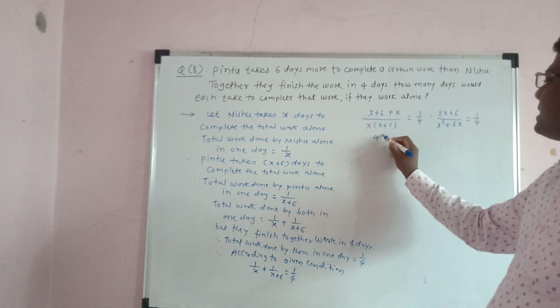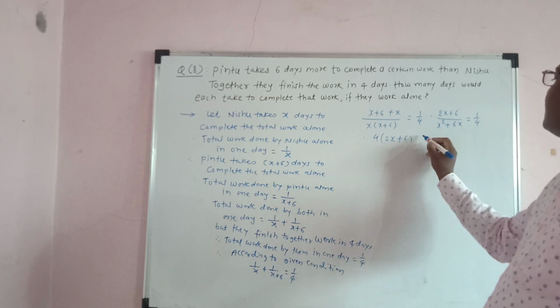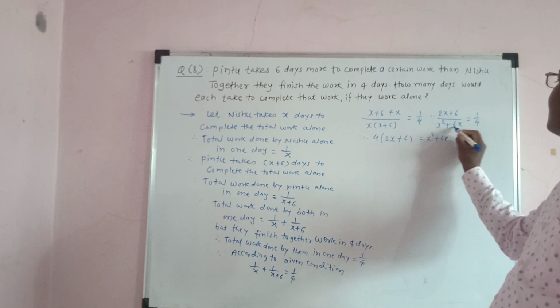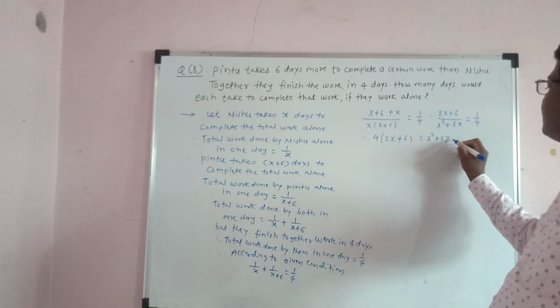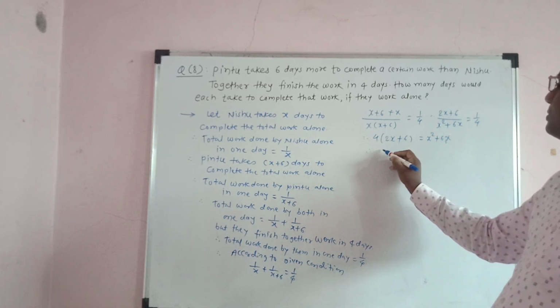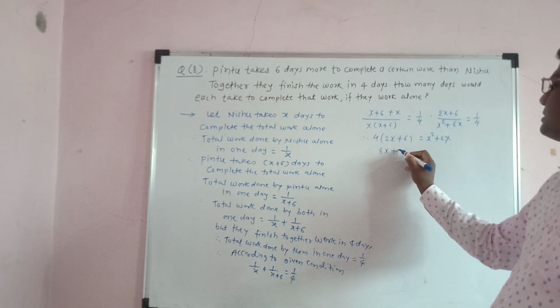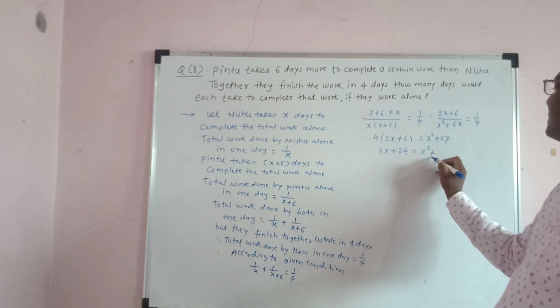Therefore, 4 in bracket 2x plus 6 is equal to x square plus 6x into 1. Therefore, 4 into 2x is 8x, 4 into 6, 24, is equal to x square plus 6x.